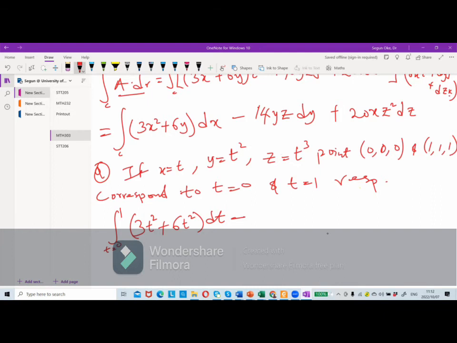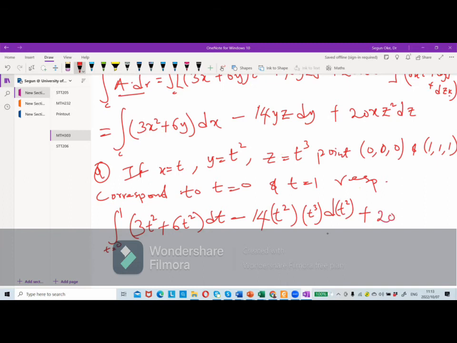Remember, the integral is for all of them. 14, what is y? t squared. What is z? t cubed. And dy is 2t dt. Just write it this way.